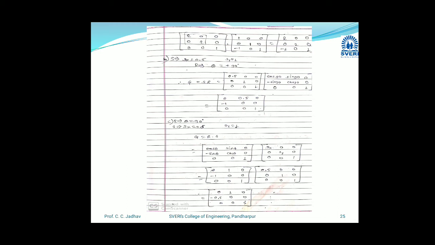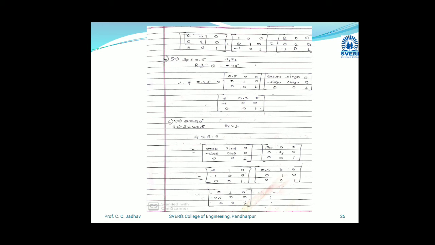Second, 0.5 into sin 90, 0 into cos 90 plus 0 into 0, that is 0.5. And last, first row, third column: 0.5 into 0, 0 into 0 plus 0 into 1, that is 0. Like this we do the multiplication, and then we will get the final answer for the second bit.